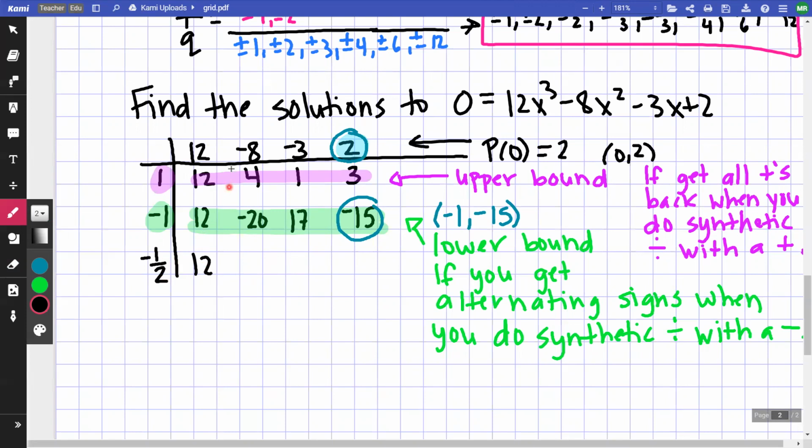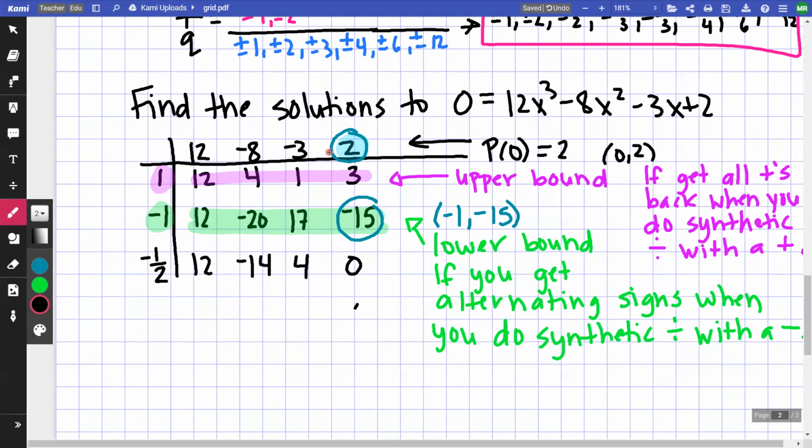When I take -6 and add it to -8, I get -14. -14 times -1/2 is +7. When I add that to -3, I get 4. 4 times -1/2 is -2. When I add it to 2, I get a 0. So I just found a 0.